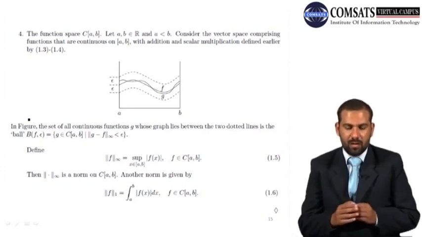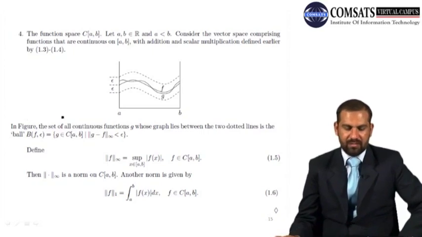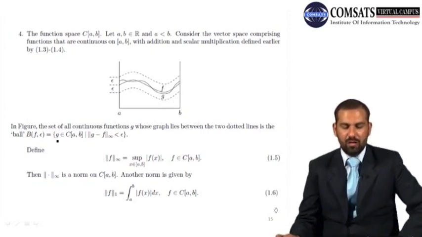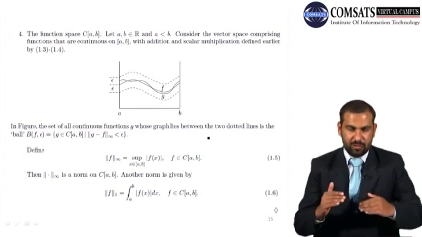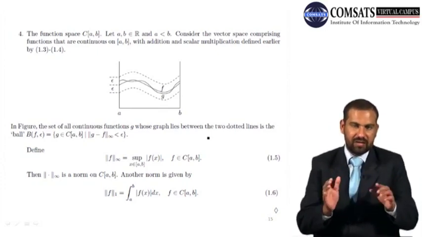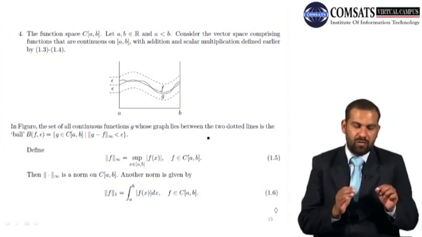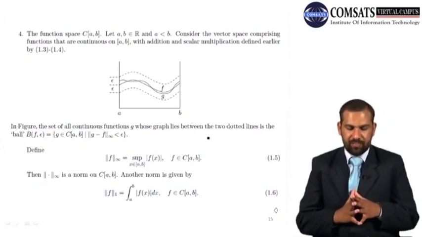Look at this diagram. We have the two functions f and g, the set of all continuous functions g whose graph lies between the two dotted lines. These dotted lines are the boundaries, meaning they have some epsilon difference from the upper and lower sides.